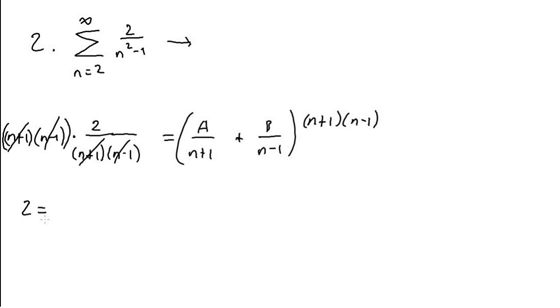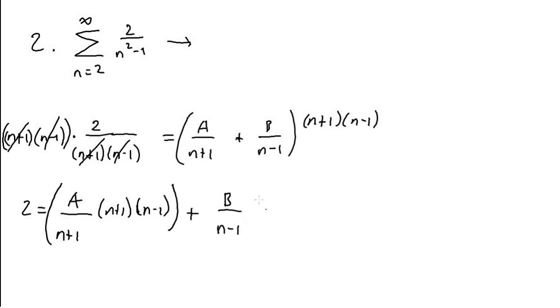So we'll get 2 equals, and then I can distribute these factors into both terms: a over n plus 1 times n plus 1 times n minus 1, plus b over n minus 1 times n plus 1 times n minus 1.